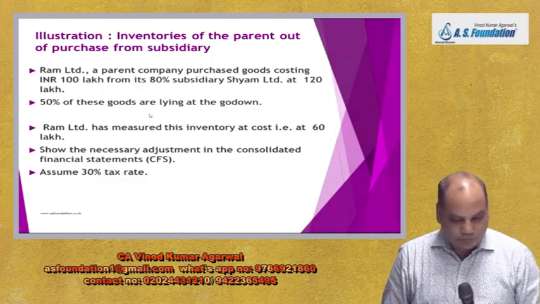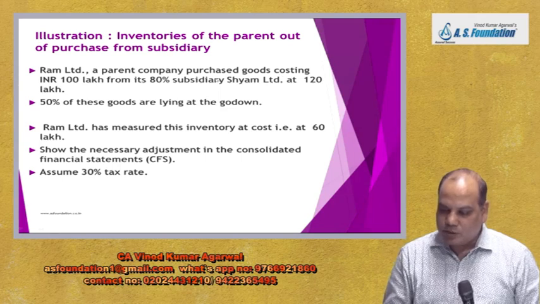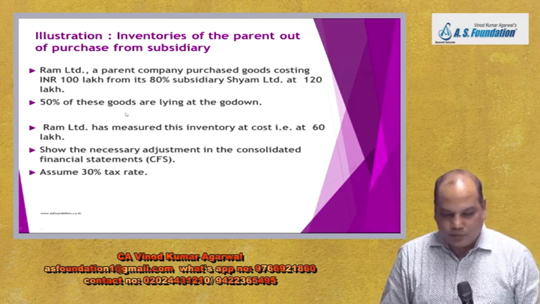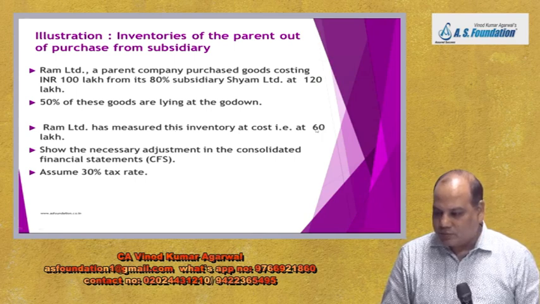Try one more. Ram Limited, a parent company, purchased goods, now this time upstream, costing 100 lakh from its 80% subsidiary Sham at 120 lakh. 50% of these goods are lying in the godown. Ram Limited has measured this inventory at cost, that is 60 lakh, half of 120 lakh.